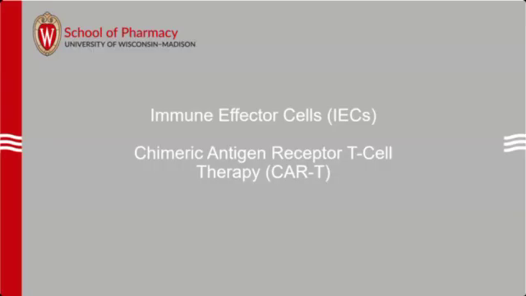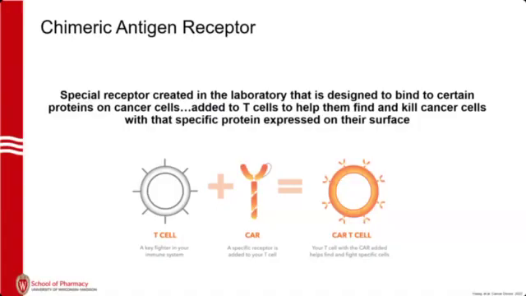I do want to quickly move on, since we're already running out of time, to the CAR T-cell therapies or immune effector cells. If you don't know, which you probably do, CARs are special receptors created in a lab that are designed to target proteins on cancer cells, and they're inserted or added to your patient's T cells to help them find and kill cancer cells that express that protein.